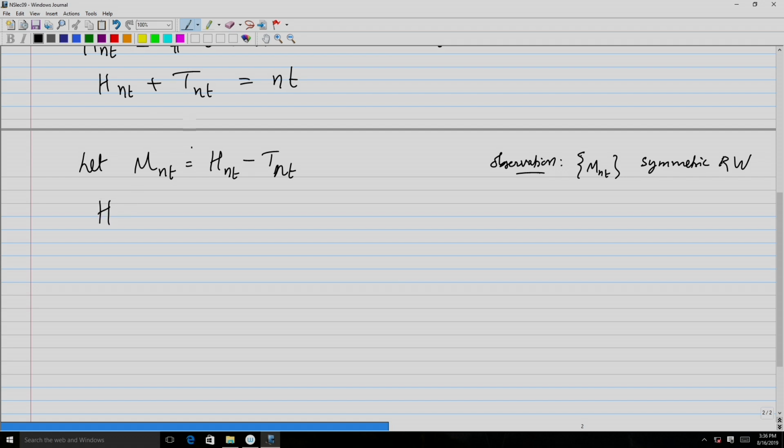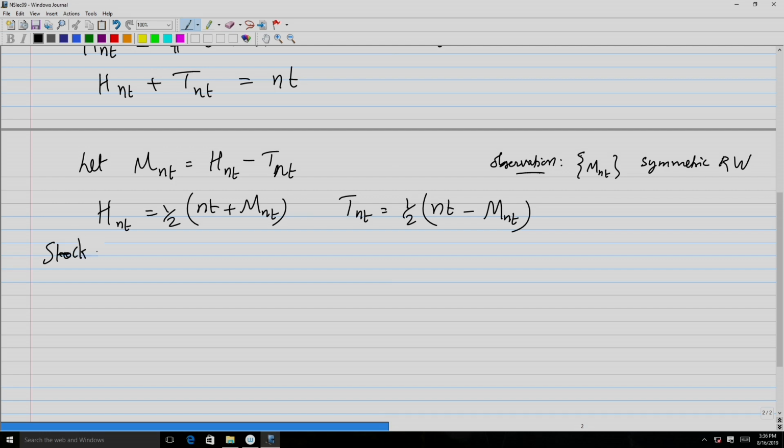Then, by solving these two equations, I can write H_{n_t} as half of n_t plus M_{n_t} and T_{n_t} to be half of n_t minus M_{n_t}. Okay. Now, if I look at the stock price, which we write in general as S_{n_t} equals S_0 times u_n to the power H_{n_t} times d_n to the power T_{n_t}.